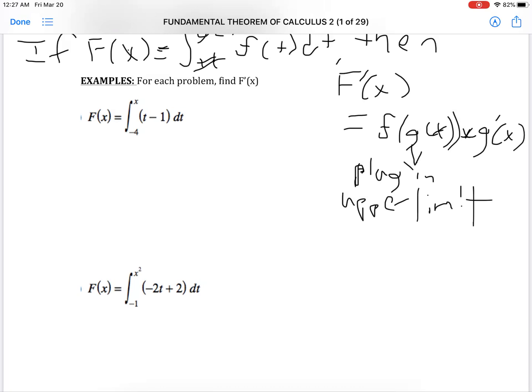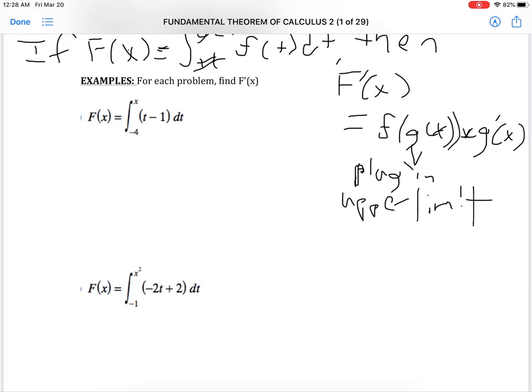Then if we look at an example, like the antiderivative of f of x, let's say that in this problem we have the integral from -4 to x. This is our simple version of a fundamental theorem of calculus 2 problem.